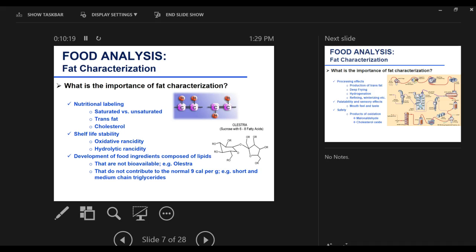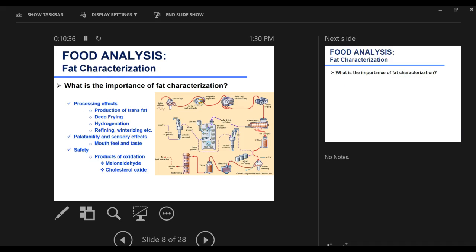And also, you have the short and medium chain triglycerides, where the fatty acids are short. They do not contribute 9 calories per gram. So we need to know how much of those we have in our fat or our ingredients.